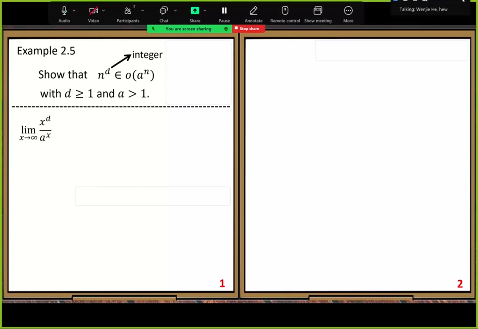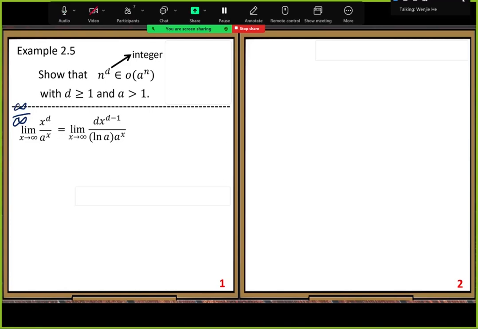But when you apply L'Hopital's rule, you need to switch to the continuous variable version, not the discrete variable version. In the continuous version, you can see it's an infinity over infinity indeterminate form, so we can apply L'Hopital's rule and take a derivative.